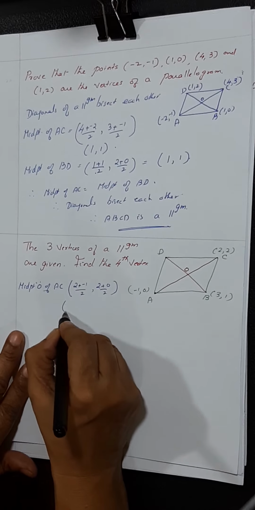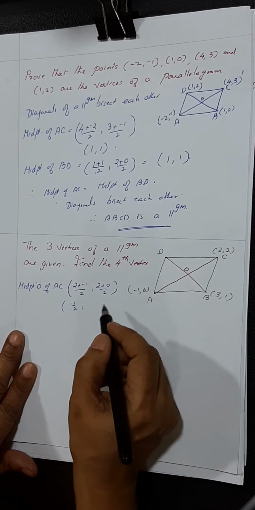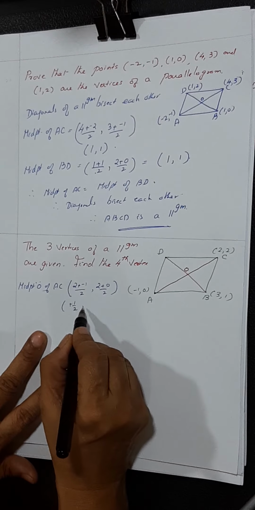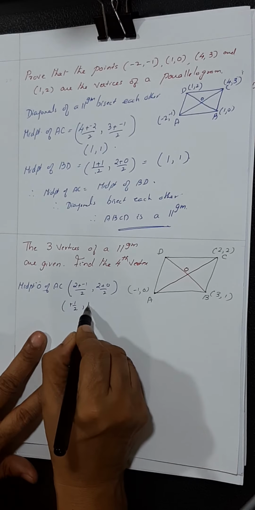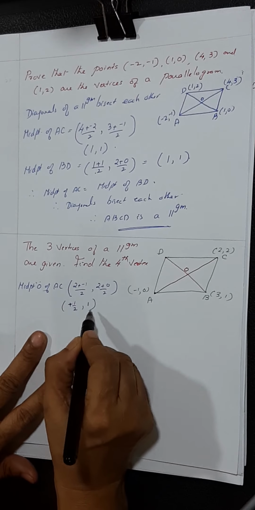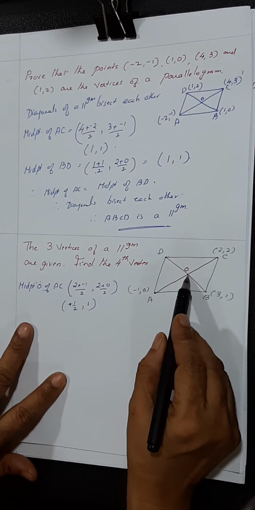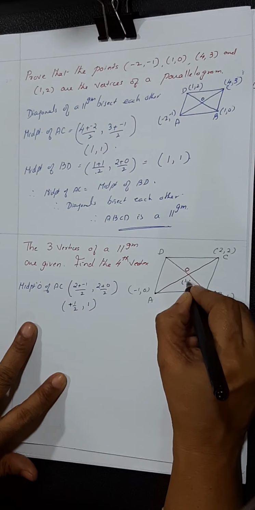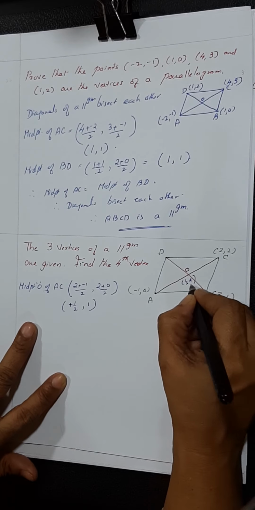So, this is 2 minus 1 is 1 by 2, and 2 by 2 is 1. So, this is the midpoint of AC. So, this is 1 by 2 and 1 is what we got.